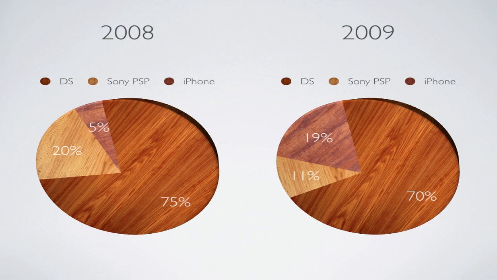In 2008, the DS had 75% revenue, the PSP had 20%, and the iPhone had 5% to start off with. One year later, in 2009, the DS had 70%, the PSP had 11%, and the iPhone had 19%.